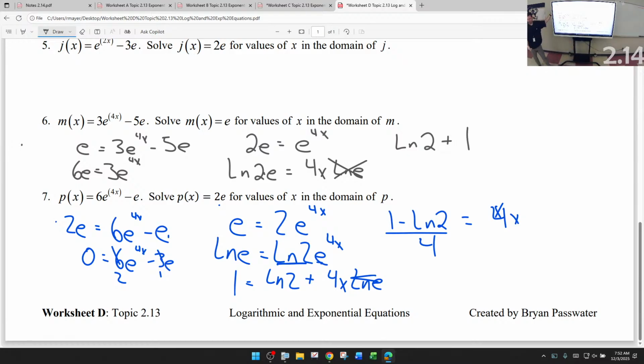I apologize for shortening all this stuff up. I just don't have a lot of room. And then that's equal to 4x. And so you should get the natural log of 2 plus 1, all over 4. I don't think there'll be any other answer on that.